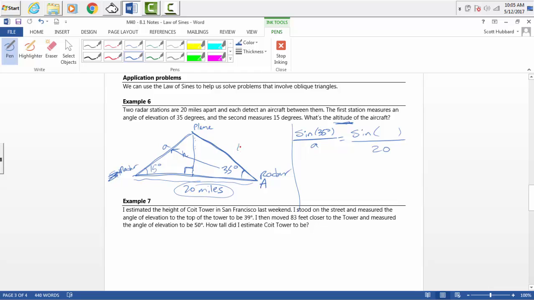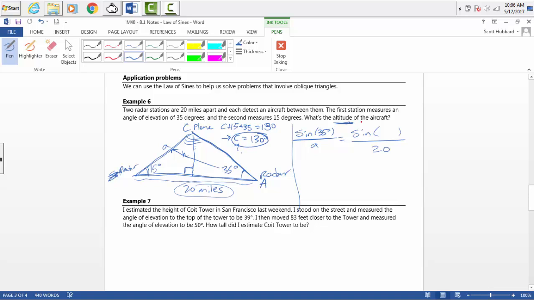This is unknown. Do I know this angle right here? I do, because 15 plus 35 plus that has to equal 180. So let's call that angle C. C plus 15 plus 35 has to equal 180, which means C is equal to 180 take away 50, so C is equal to 130.